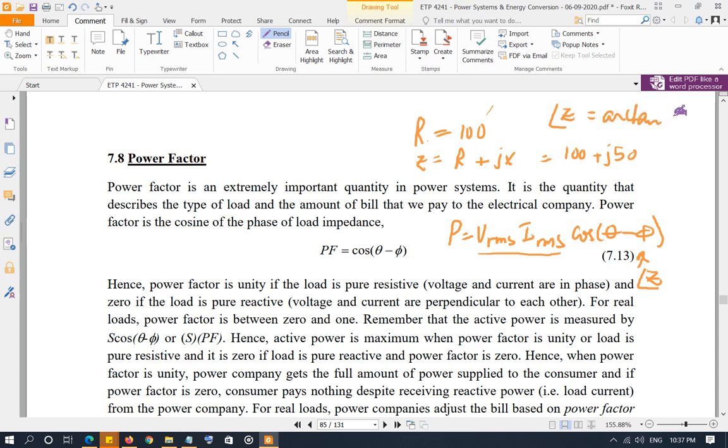Angle of Z is equal to arctan of imaginary over real, reactance over resistance, 50 over 100. So that means the cosine is going to be less than 1. The phase angle is going to be more than 0 but less than 90 degrees.